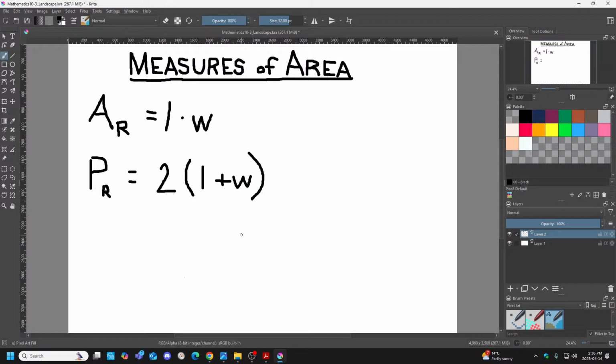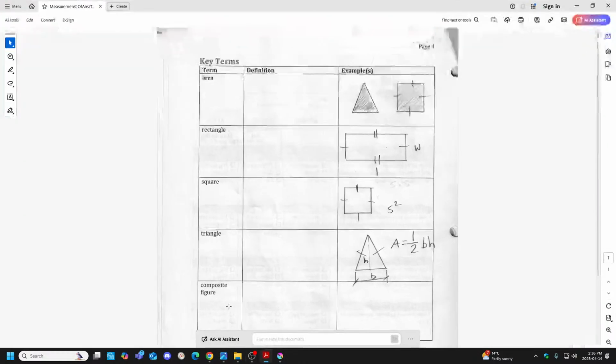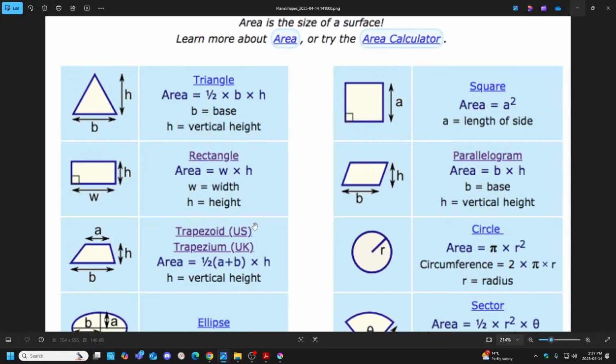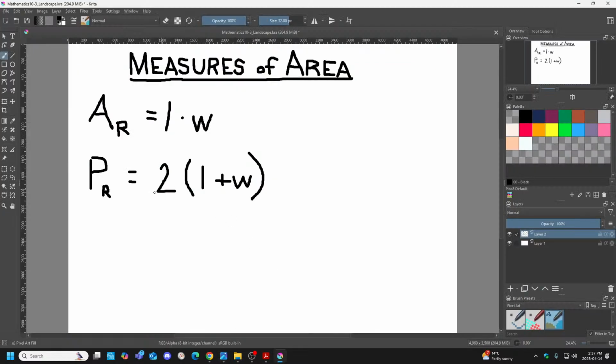So you're basically adding width and height, right? And because there are 2 of them, that's why it's multiplied by 2.